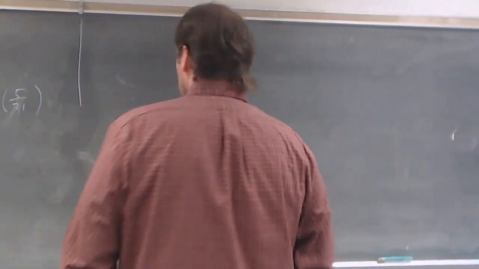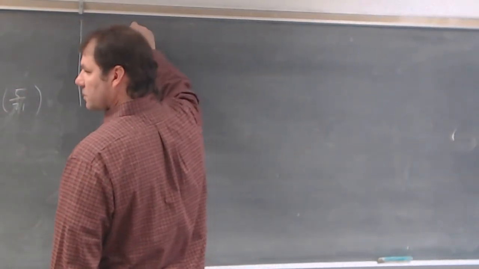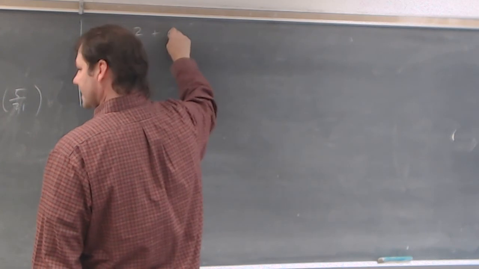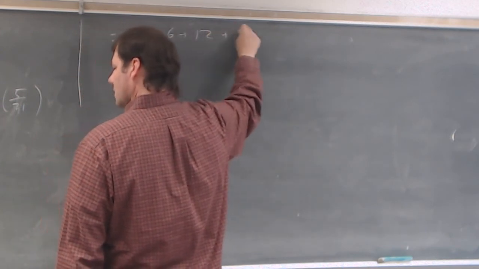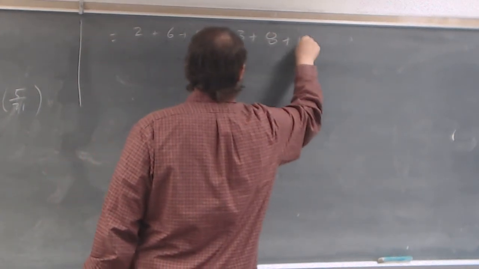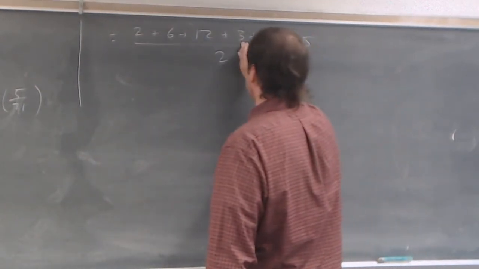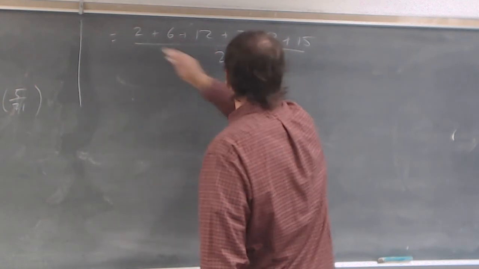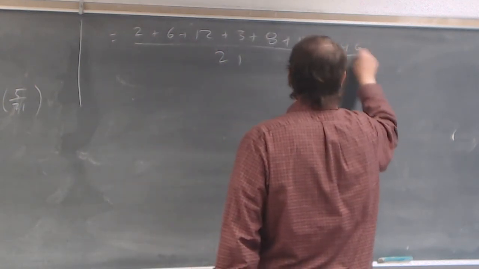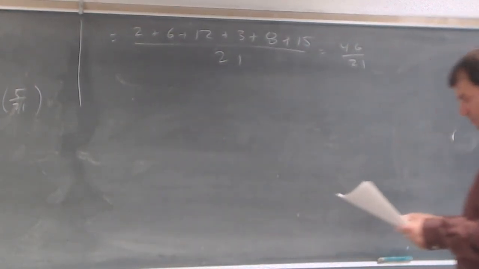That's equal to 2 plus 6 plus 12 plus 3 plus 8 plus 15 over 21, which is 46 over 21.